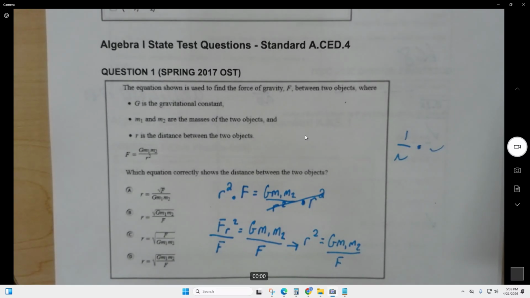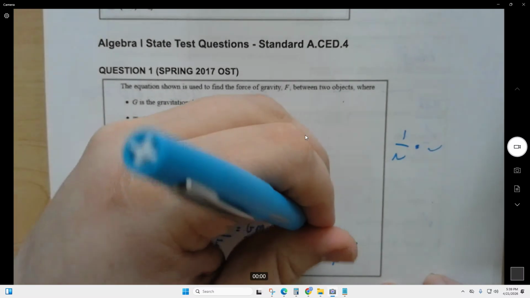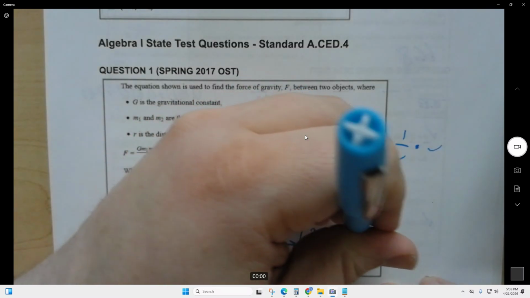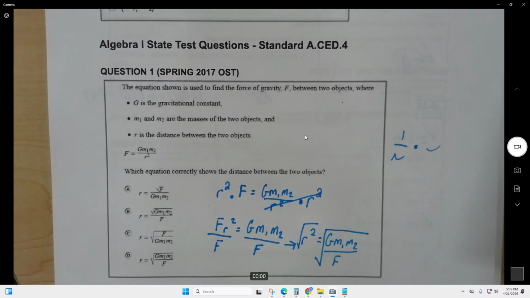And we've talked many times in the past, what is the opposite of an exponent of 2? It is a square root. So you have to square root both sides. And square rooting both sides comes as the very last step. So everything is caught in this square root. Everything is caught in this square root.